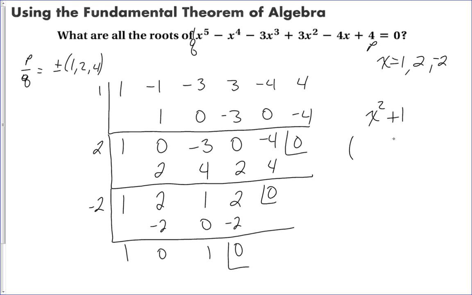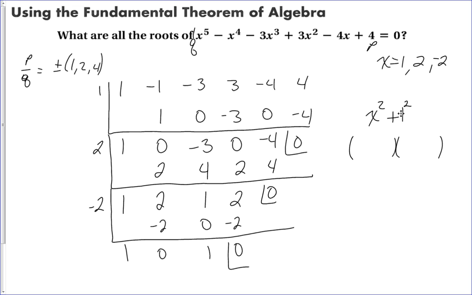So now we have to factor this. If you were in class and could see my special case chart, hopefully you've written it down by now. When you have x squared plus 1, this could technically be written as x squared plus 1 squared, because 1 squared is 1.